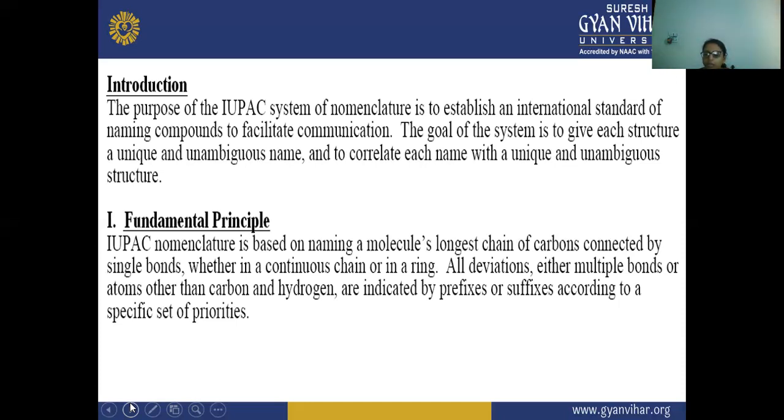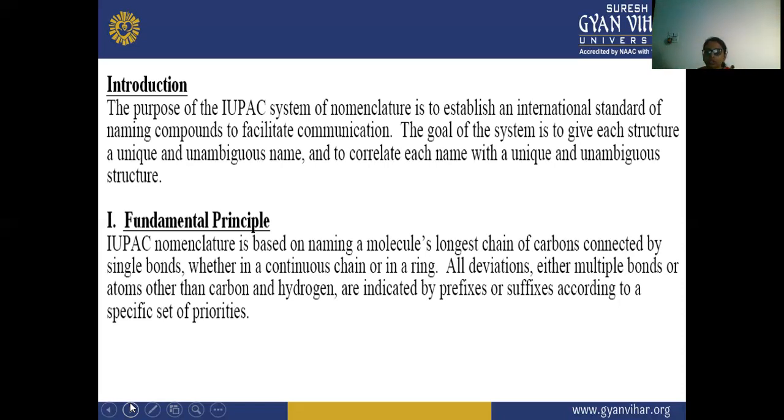All deviation, either multiple bonds or atoms other than carbon and hydrogen. So here, this nomenclature is based on naming a molecule which has the longest carbon chain connected by a single bond, whether this longest chain is in a continuous chain or in a ring.